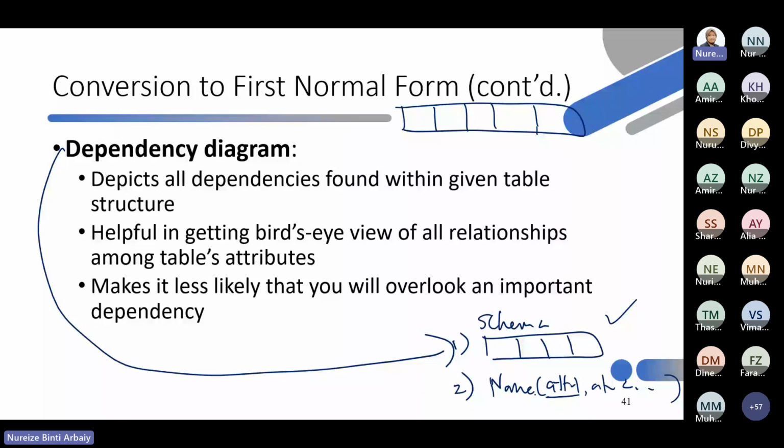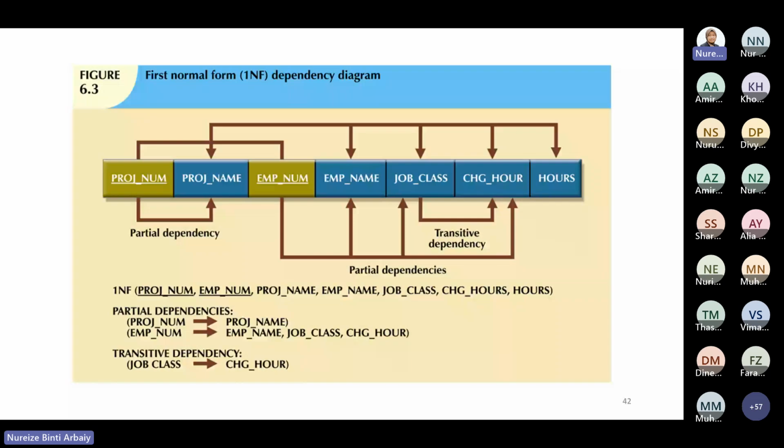So, first normal form. Before we proceed with the first normal form, we need to remember the first step on the unnormalized form. We extract the information from the given case study into this table form. After finishing extracting all the attributes, we need to identify the functional dependency.